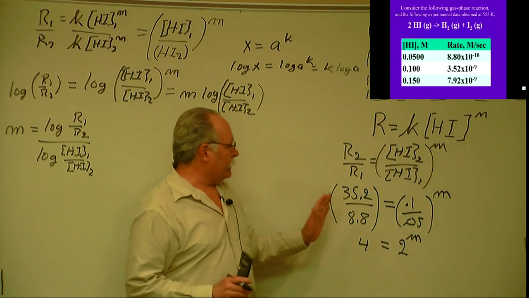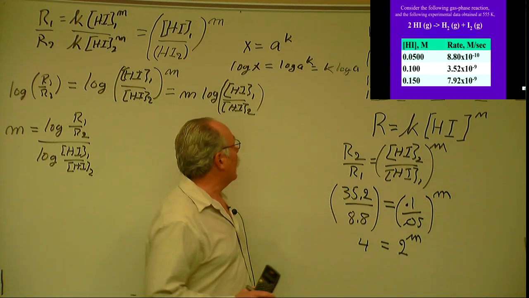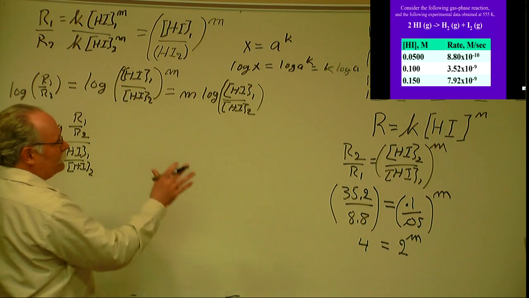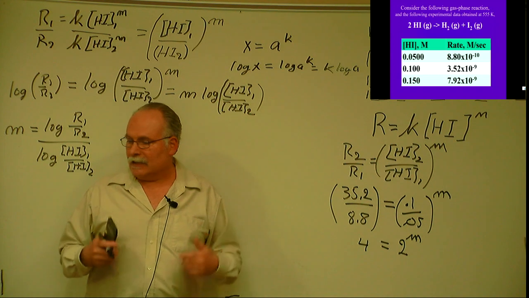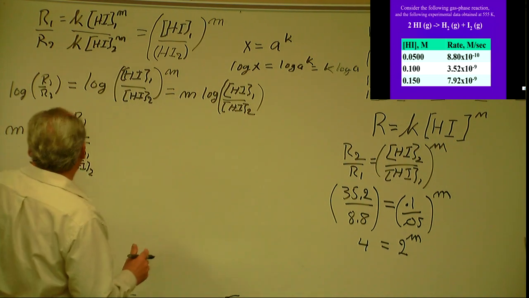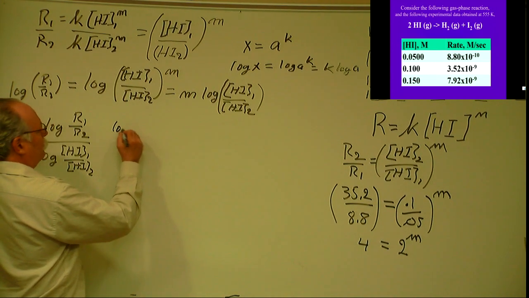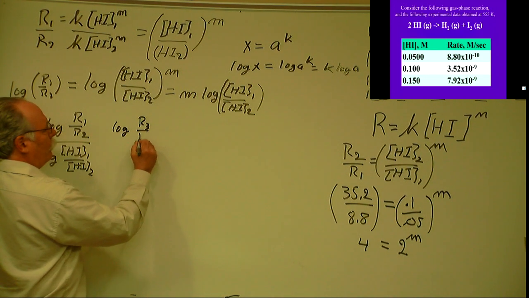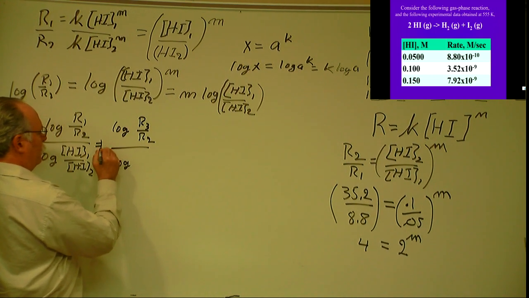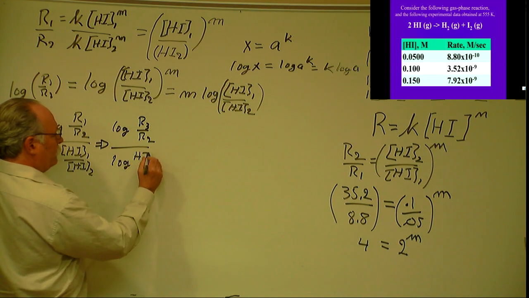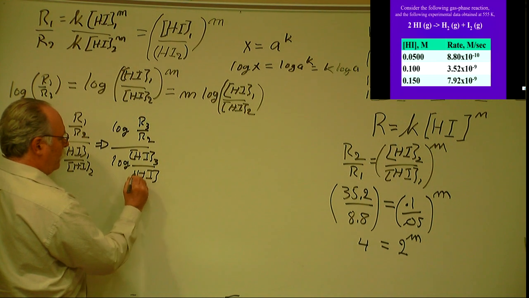But you might be given an exam problem where you haven't squared something, so it's not easy to see it. So if I just brute force did this and I used experiment 3 and experiment 2, this becomes log of R3 over R2 divided by log of HI at 3 over HI at 2.